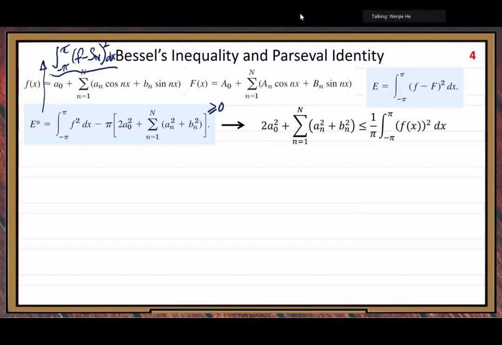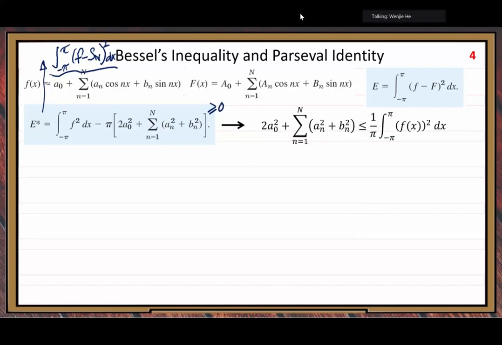In this Bessel's inequality, we only use N terms, degree capital N. How about we increase this capital N? We use more and more terms, higher and higher degree N.